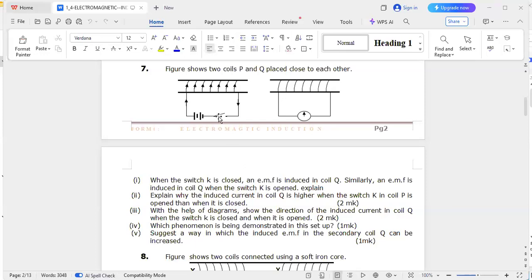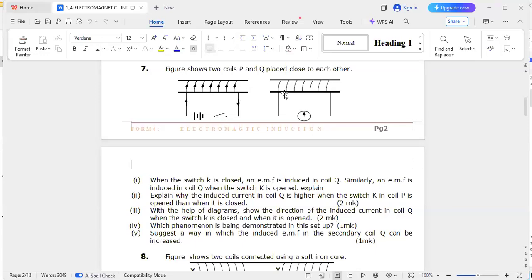So you say when the switch is closed, current flows in the primary, coil P. A magnetic flux changes from 0 to maximum, or a magnetic flux linking P and Q changes from 0 to maximum. It builds up.